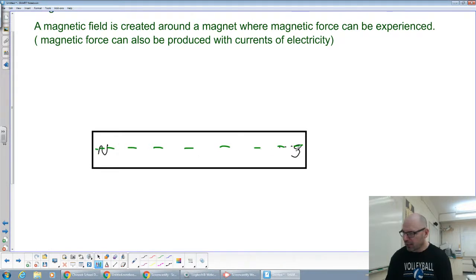Okay, and I'm going to try to draw in here maybe 5 really close together dotted lines here. 3, 4.